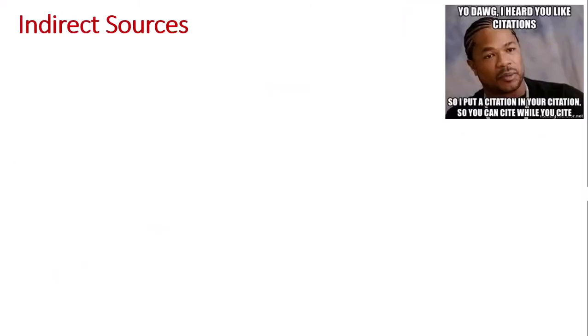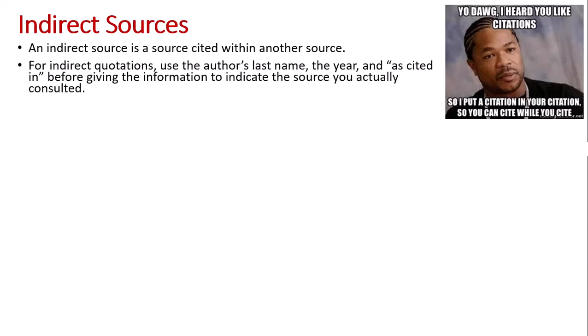All right, last one, indirect sources. I like this little meme. I put a citation in your citation. That's basically what an indirect source is. An indirect source is a source that is cited within another source.